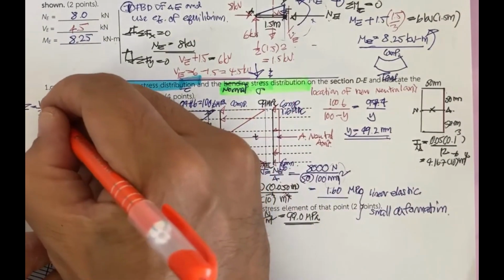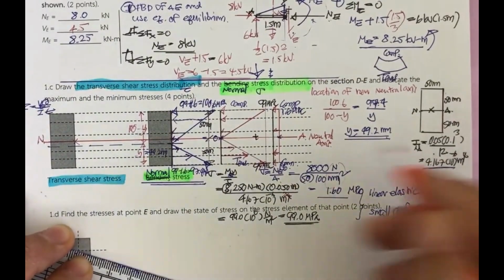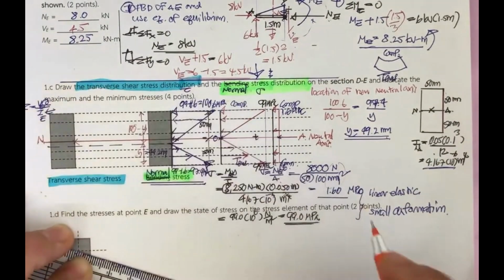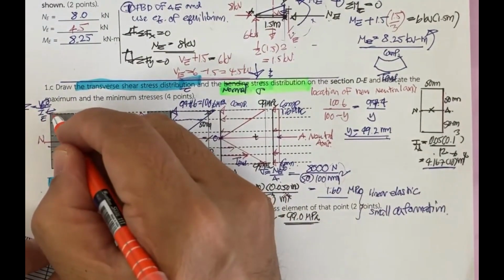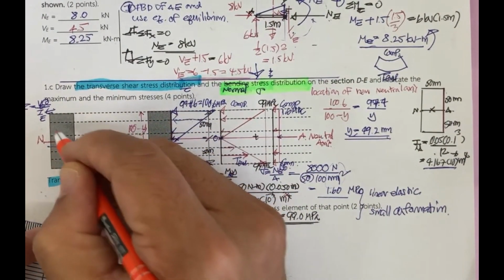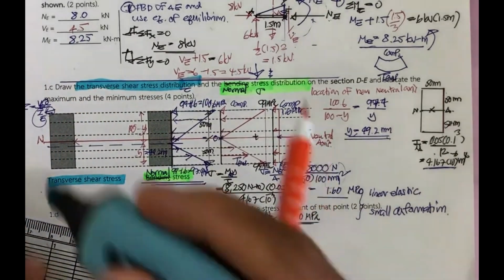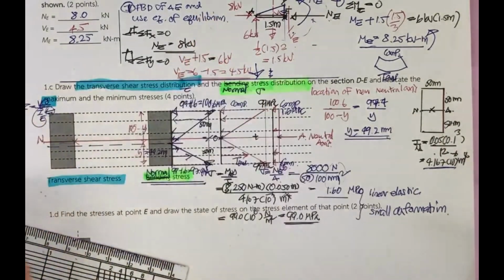It's going to be V sub E. The I on the section is also the same. And the T is the width of the section, also the same. So what is going to control this equation is the Q.